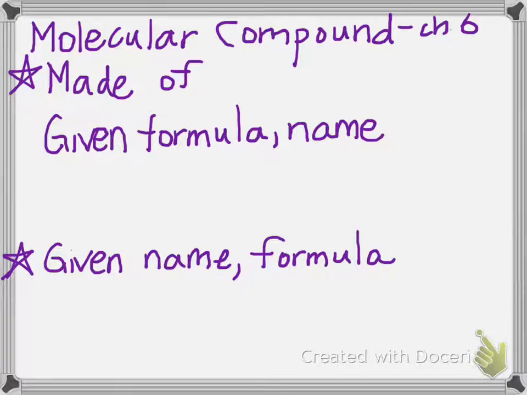Hopefully, when I ask you the question, what is a molecular compound made of, you are able to answer that on your own. A molecular compound is made of, for our purposes, remember, two nonmetals.